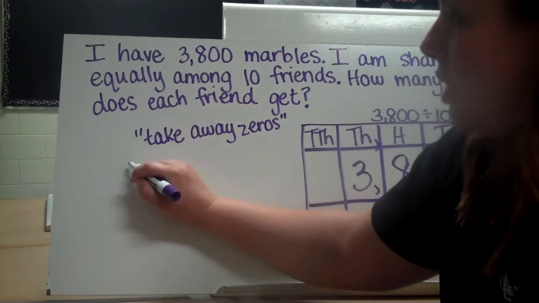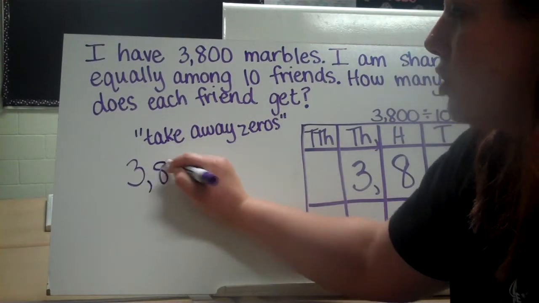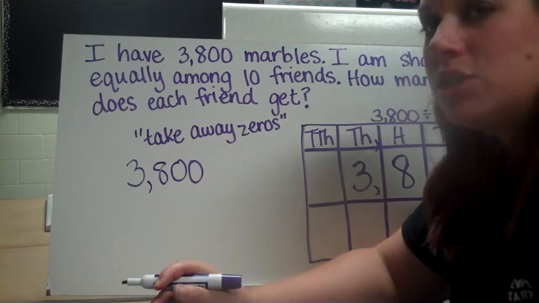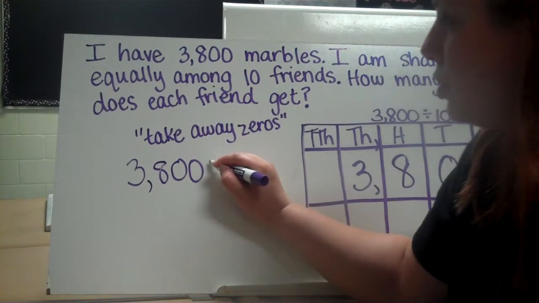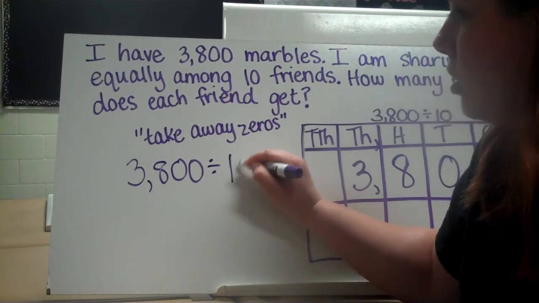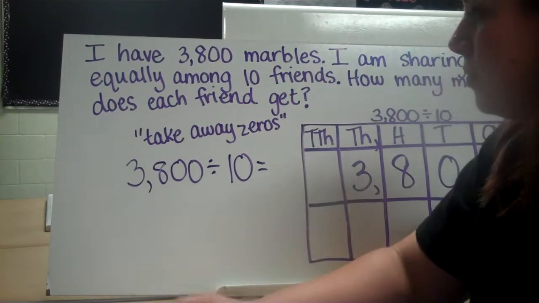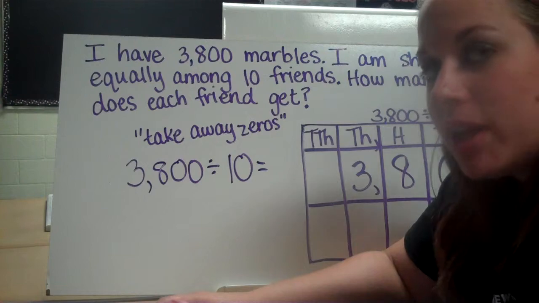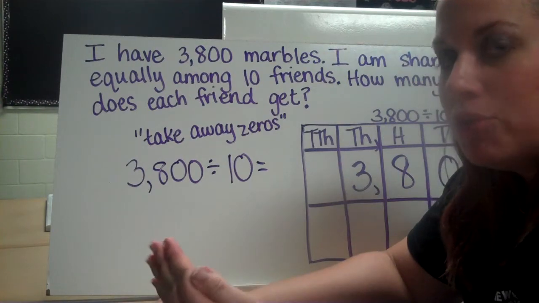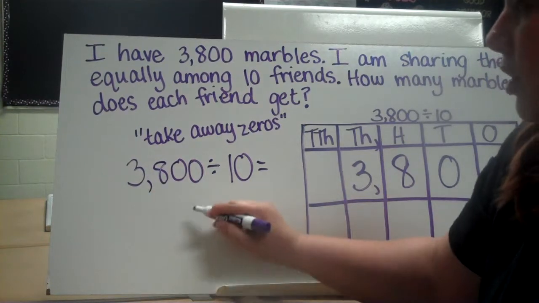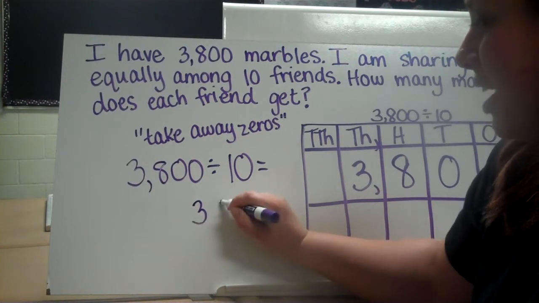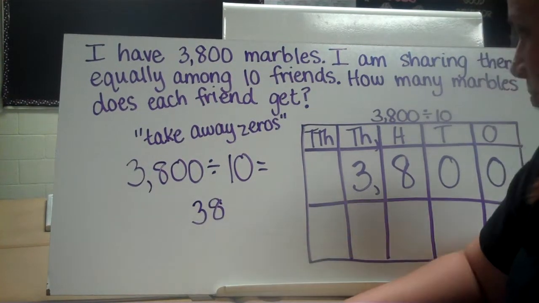So I have 3,800 marbles that I am willing to share with 10 of my friends. So I'm going to divide them equally among 10 friends. When we divide by 10, that means our number is going to move over to the right. So I have 38 is going to get moved over.